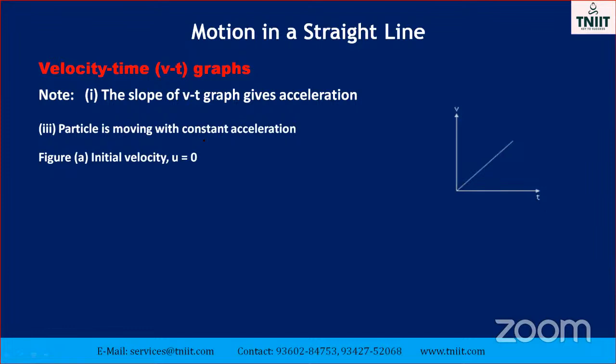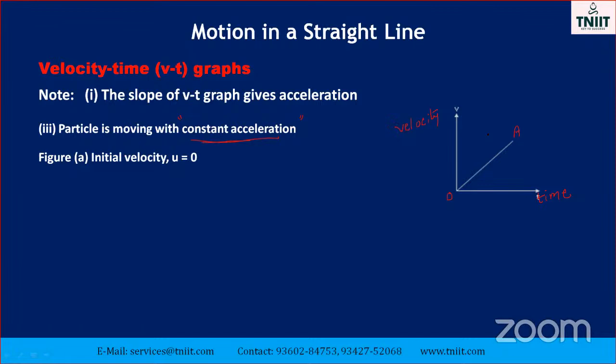Look at this. The particle now is moving with constant acceleration. If the particle is moving with constant acceleration, with the velocity taken along the y-axis and the time along the x-axis, it should move along OA.